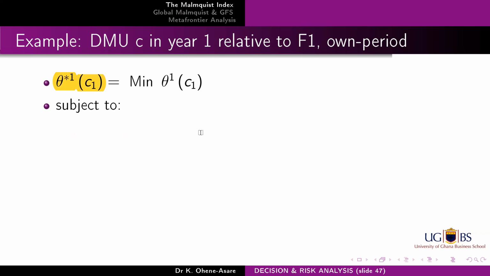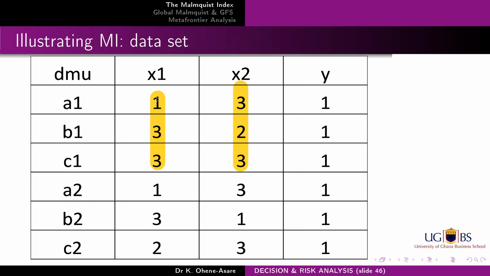All right, so the second one: you take this x1, 1 lambda A1, 3 lambda B1, then 3 lambda C1, less than or equal to 3, which is the x1 value of C1, less than or equal to 3 theta.